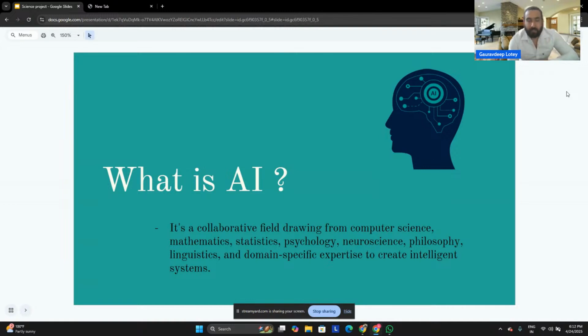So let's get back. First of all, let us divide the words of this topic, artificial intelligence, into subcomponents. The first word is artificial, and the second word is intelligence. When we think about intelligence, there is no very well defined or strict definition of what intelligence is supposed to be.